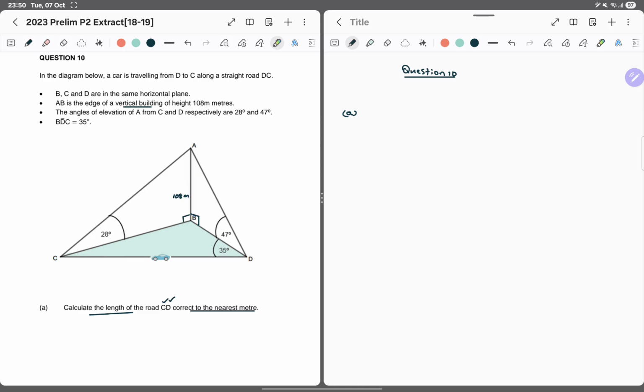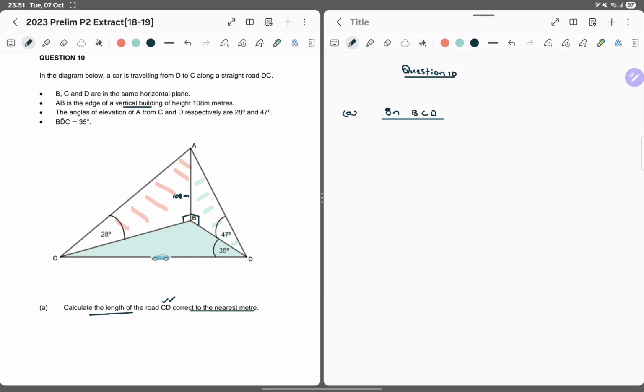First and foremost, I want to state that I'm working in triangle BCD. That's our main triangle, but we're going to use these other triangles to get to business.